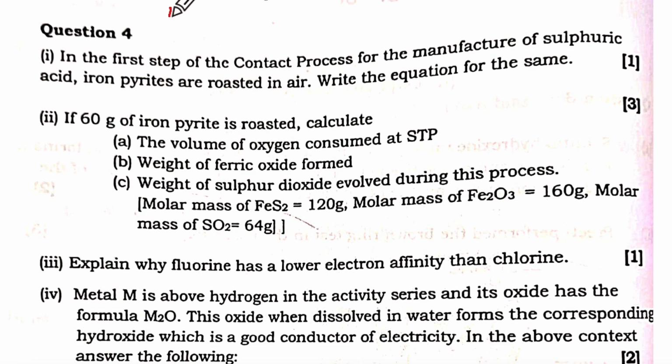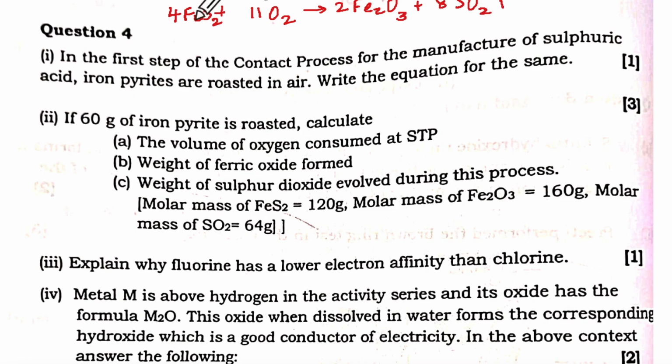It is what? 4FeS2 plus 11O2 will give us 2Fe2O3 plus 8SO2. Okay.